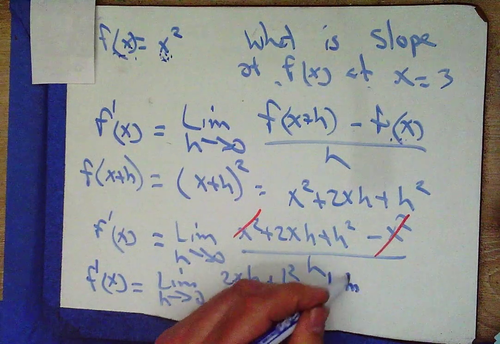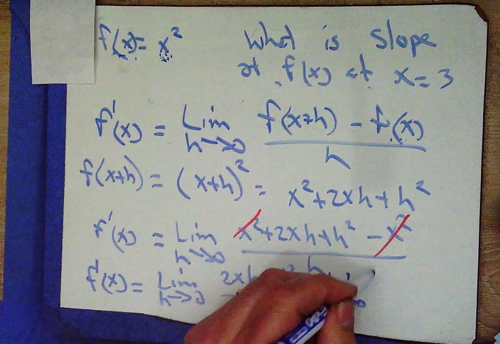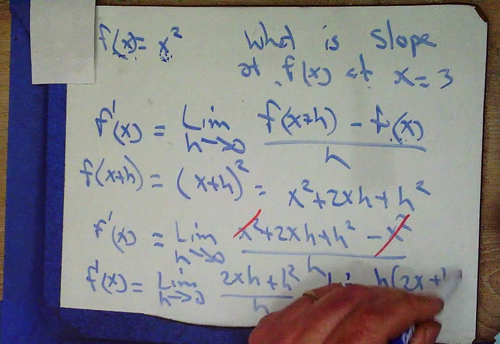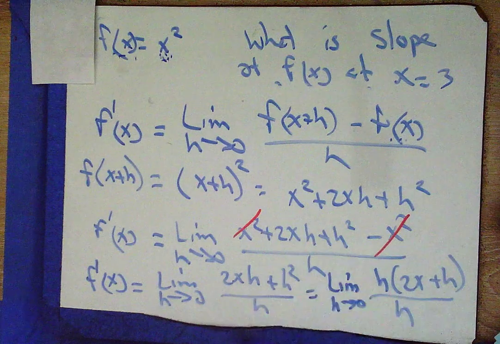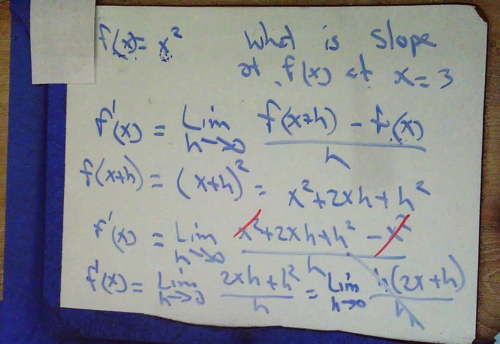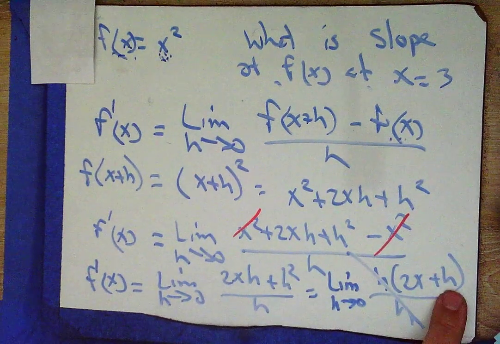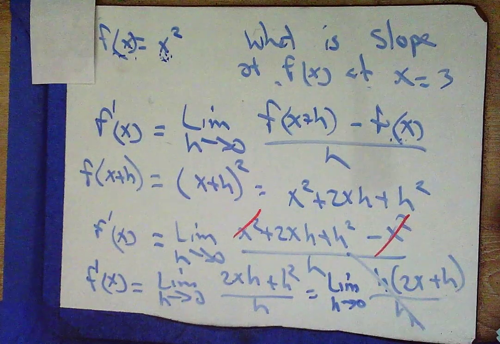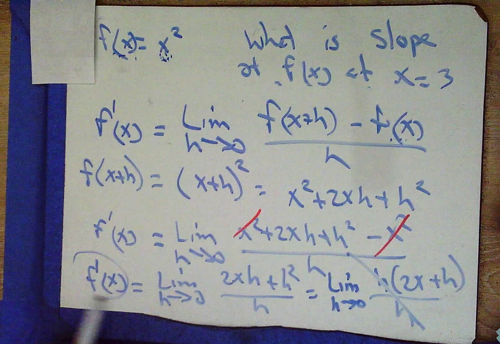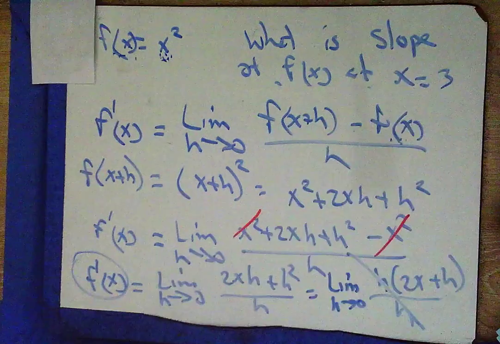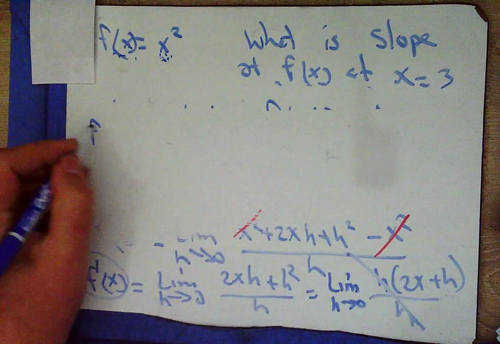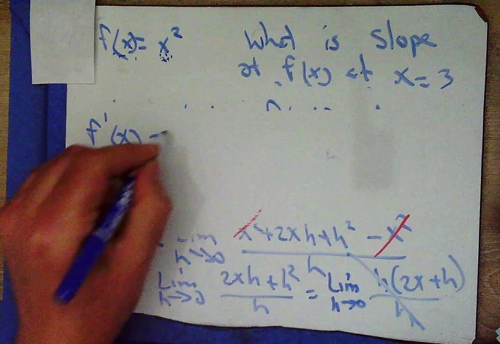How about the limit as h heads to 0 of h times 2x plus h over h? Because then I can cancel those. Now I can do direct substitution. I get 2x plus 0, or 2x. That's what f prime is equal to. F prime is equal to 2x. So that's my general derivative.